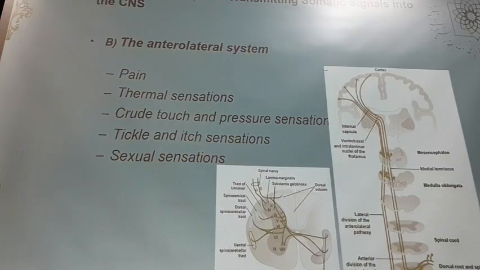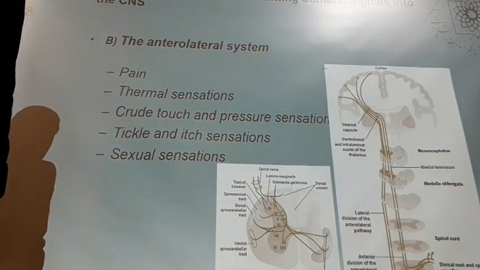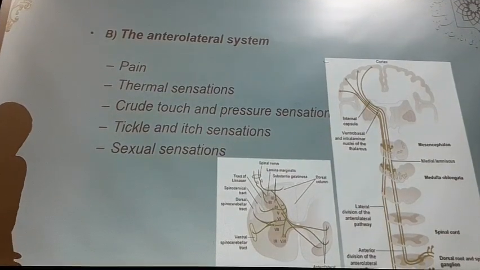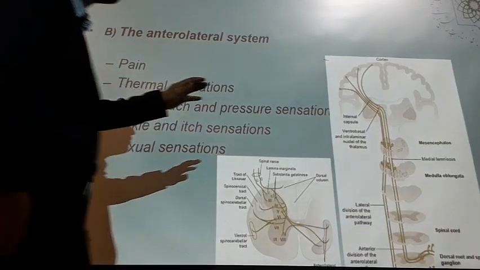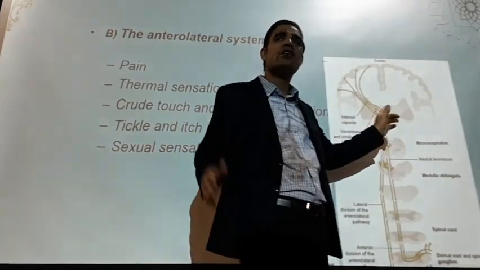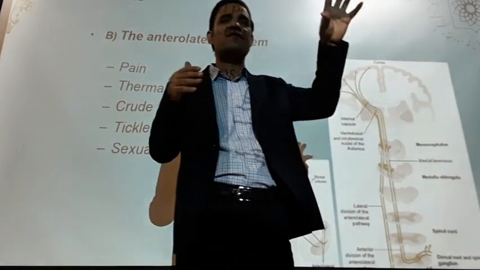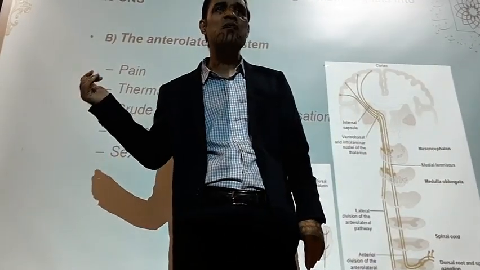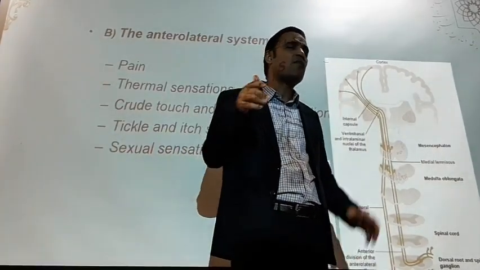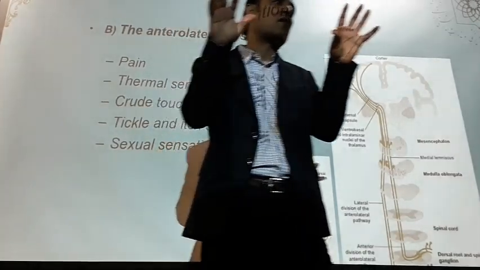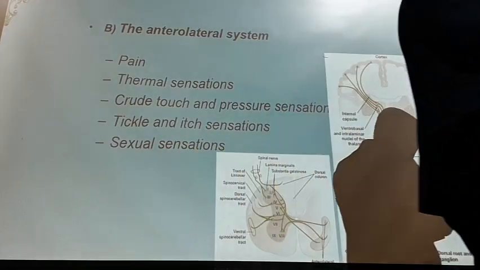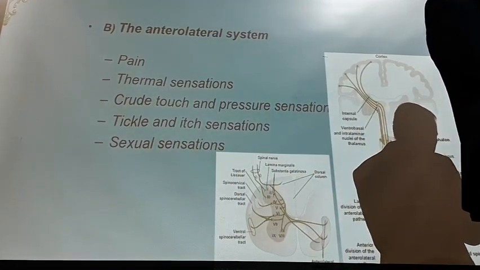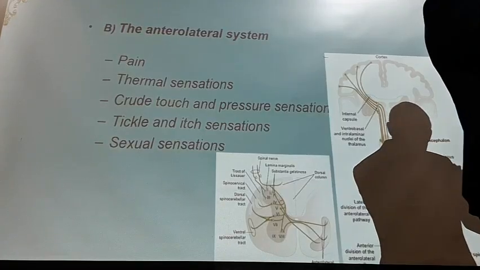The sensory fibers are crossing from one side to the other. In the thalamus, they rejoin the area that receives the information from the medial lemniscus system. Therefore, we do not have two maps in the thalamus. There is one map, and these maps are joining together at the same site.